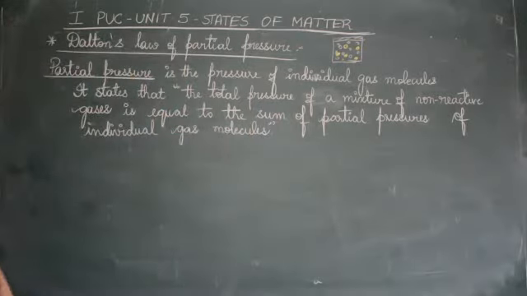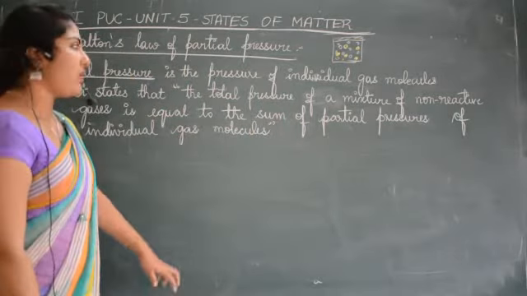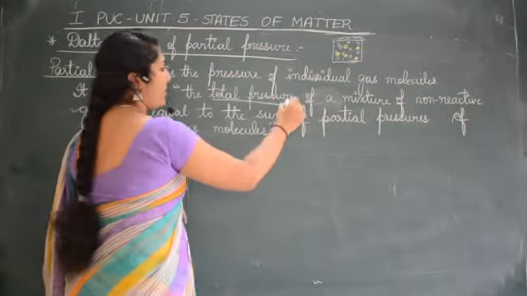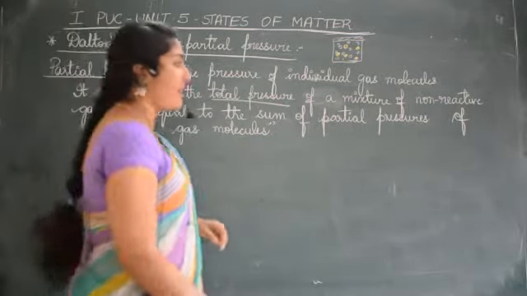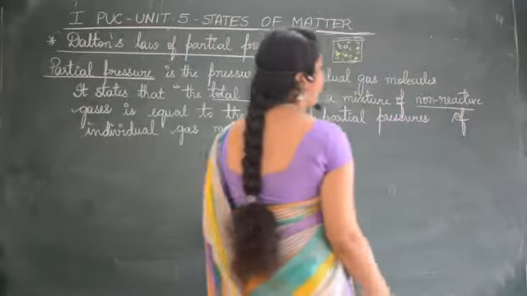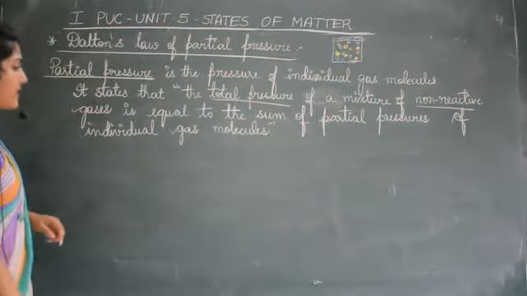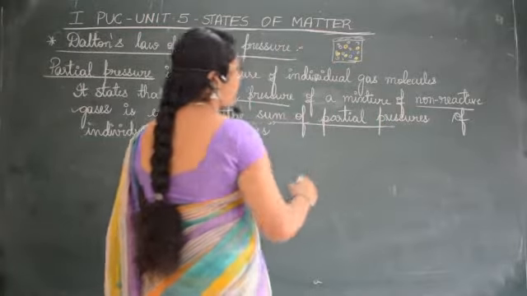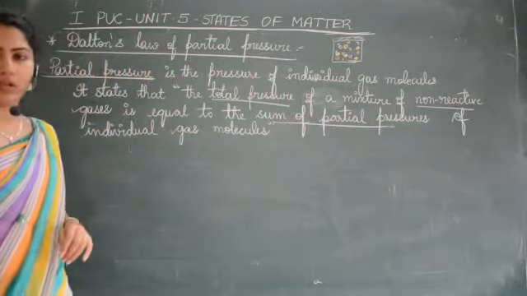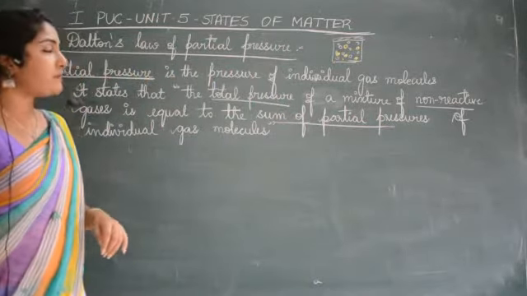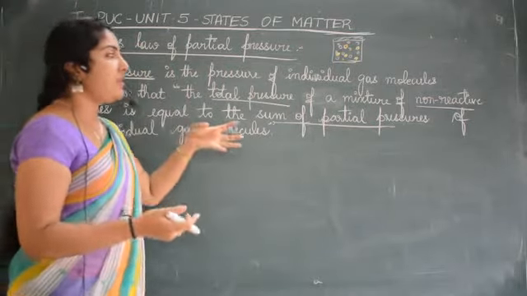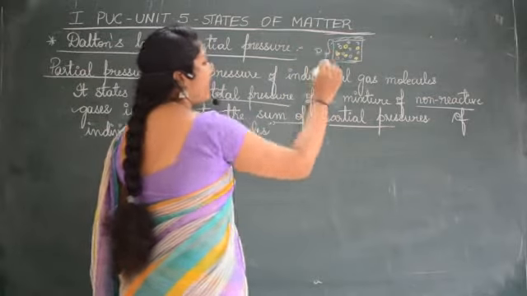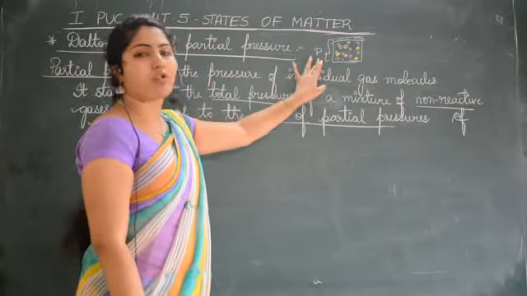The main point that you have to remember is that the total pressure of a mixture of non-reactive gases, this term is again important, is equal to the sum of the partial pressures of individual gas molecules. That means now you have a container, and you want to calculate the total pressure in it.